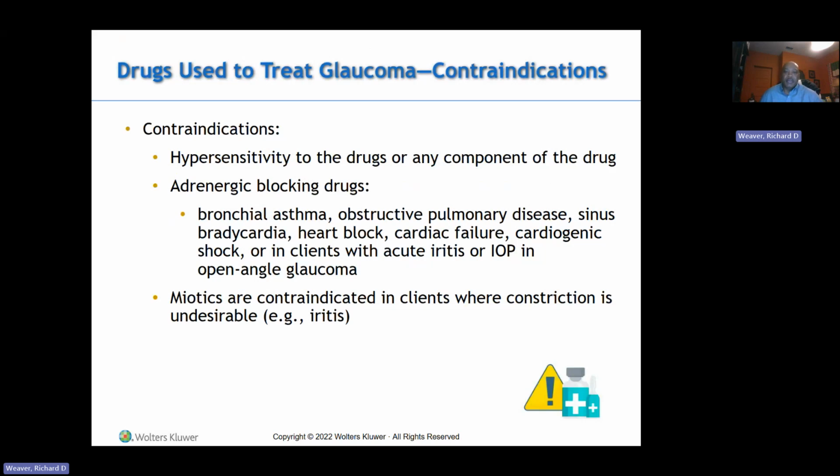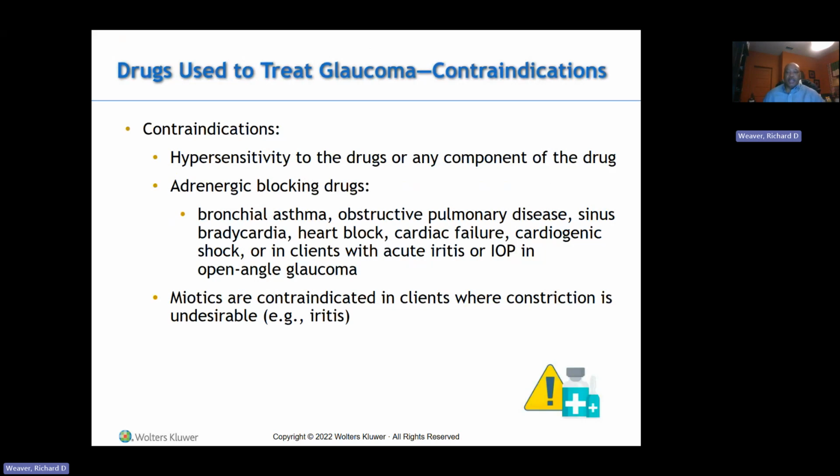Remember, the beta 2 receptors are responsible for causing bronchodilation or widening of the airways. But when a beta blocker blocks these receptors, they can lead to bronchoconstriction. And you don't want bronchoconstriction or narrowing of the airways in an asthmatic or COPD patient because it can worsen their breathing difficulties if they are used.